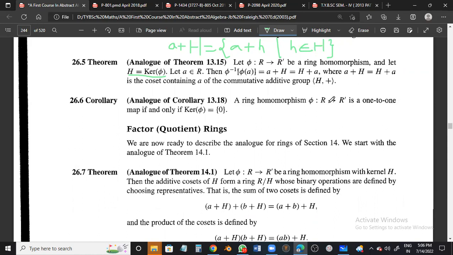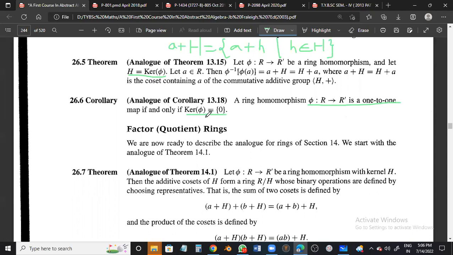Then let us go to its corollary. A ring homomorphism phi from R to R dash is 1 to 1 if and only if kernel of phi is singleton 0. So just now I told it to you. Whenever our function is 1 to 1, in that case, kernel is singleton 0 always. Always keep this in mind. If you want to show your phi is 1, 1, this is one tool in your hand.